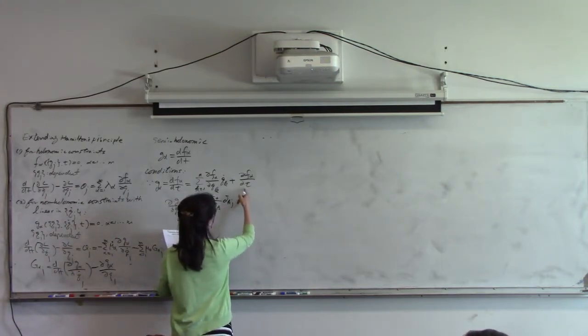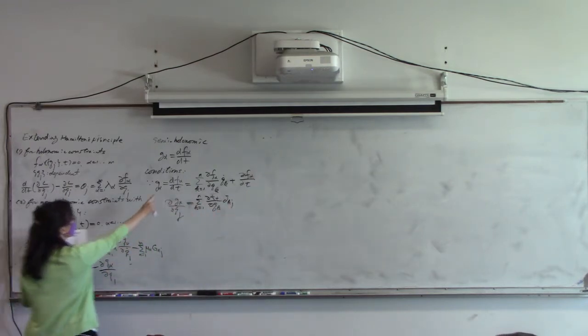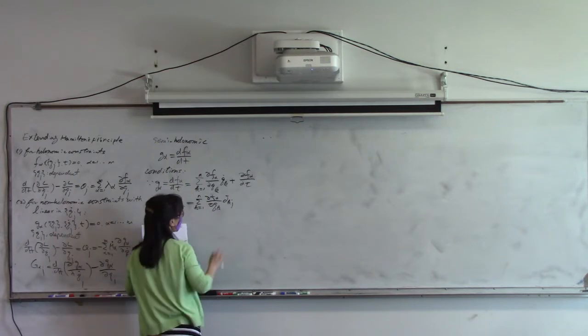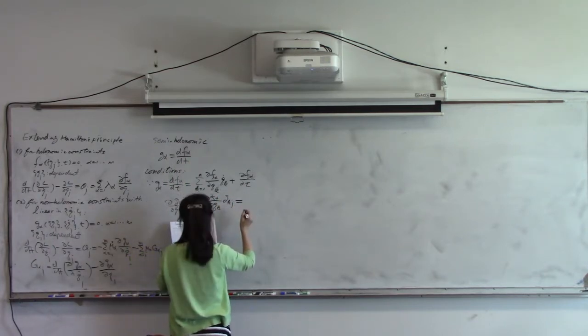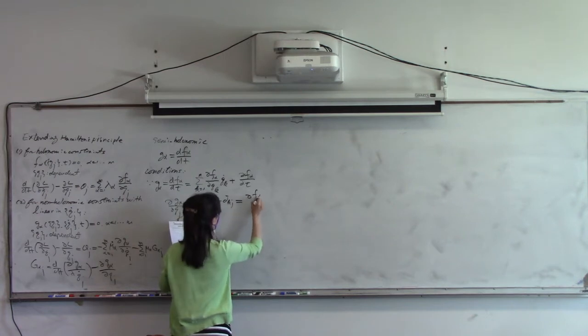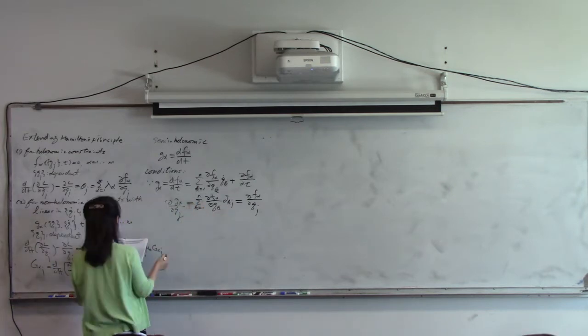This one does not depend on the generalized velocity because f does not depend on it, so only when k equals j does this summation disappear.